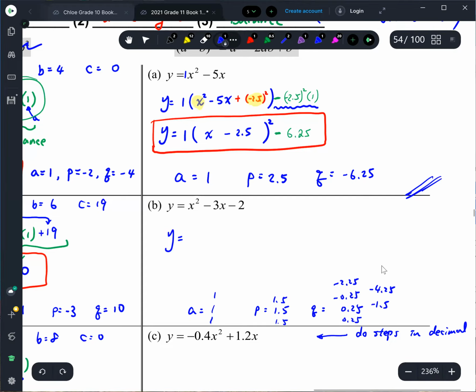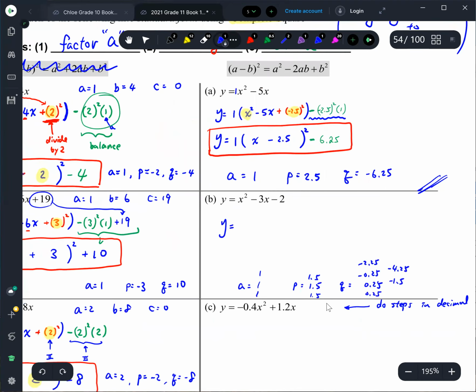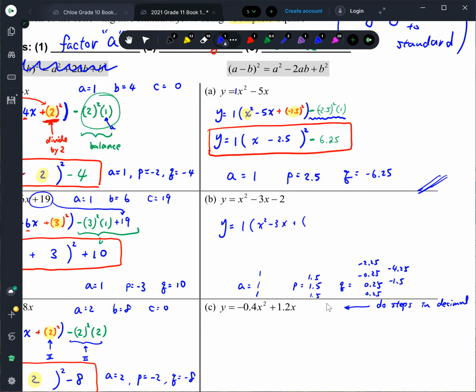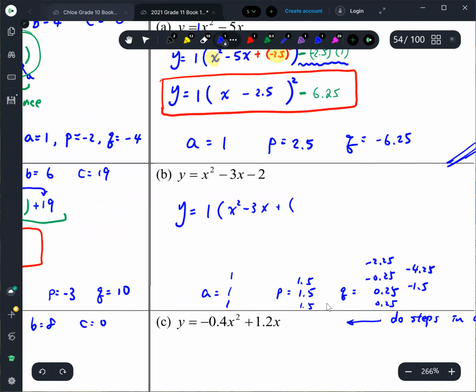Your Q, if your Q is wrong, your graph will be wrong. So make sure you know how to do the order of operations. Q has to do with order. Factor out A, divide by 2. So what do we add now, Wilson?